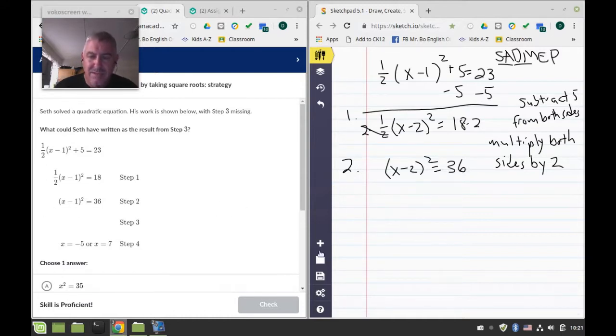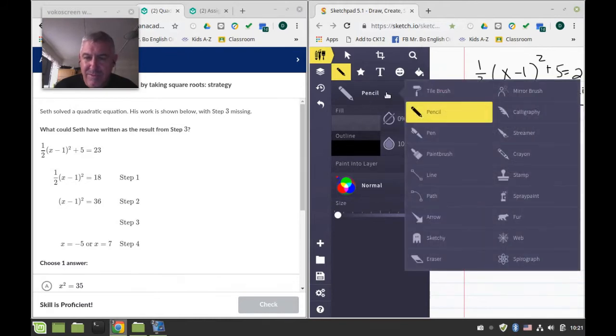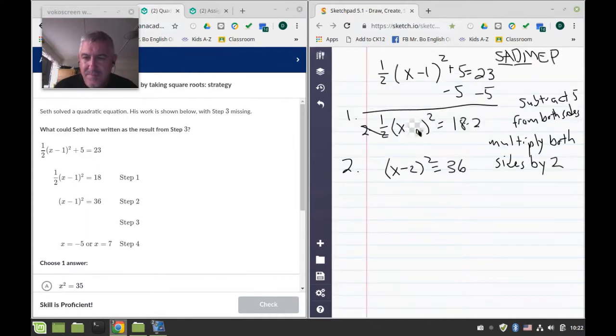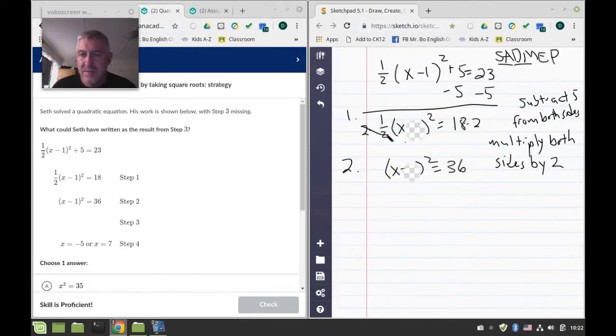Okay, well, it happens sometimes. I'm going to find my eraser here. Let's do this again: x minus 1 and x minus 1. There we go. (x minus 1) squared is equal to 36, so we're on the right track.